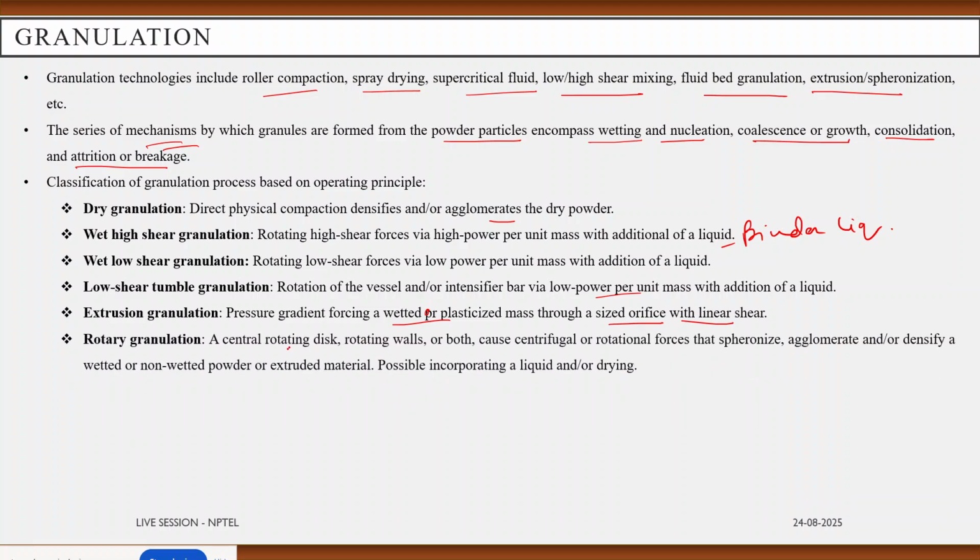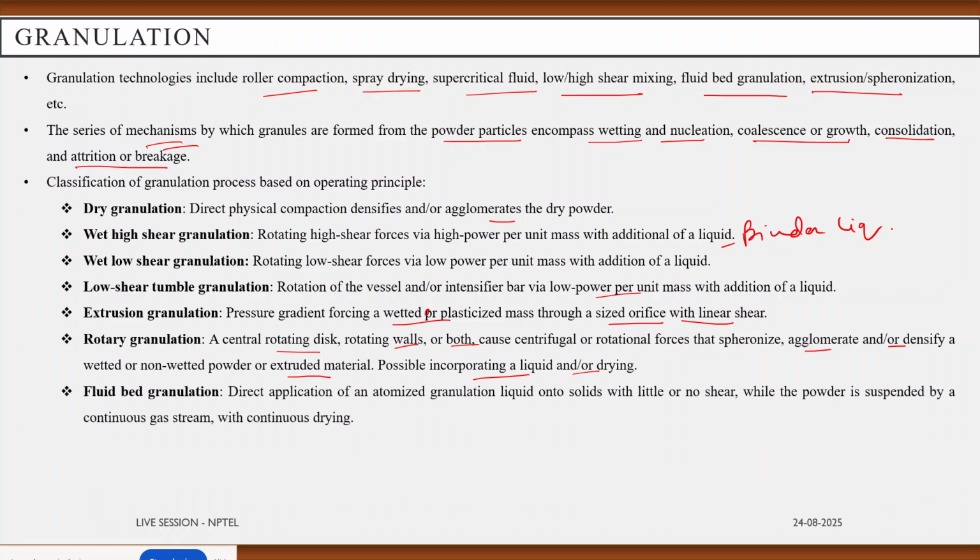And rotary granulation, where a central rotating disc, a rotating whirl and others cause centrifugal or rotational forces that spheronize, agglomerate, or densify a wetted or non-wetted powder or extruded material, possibly incorporating a liquid or drying.